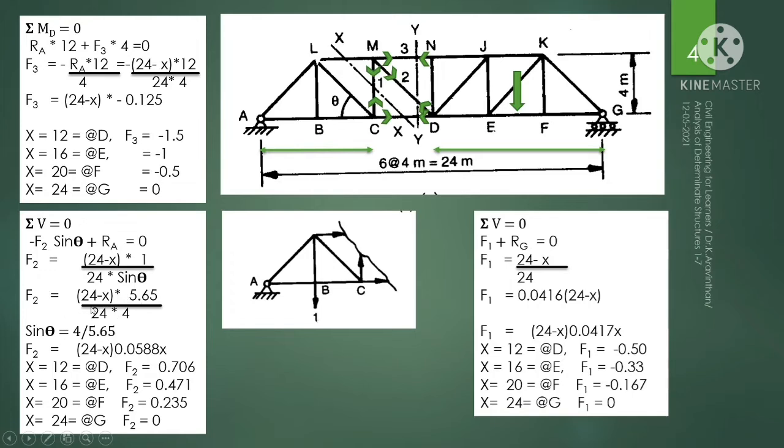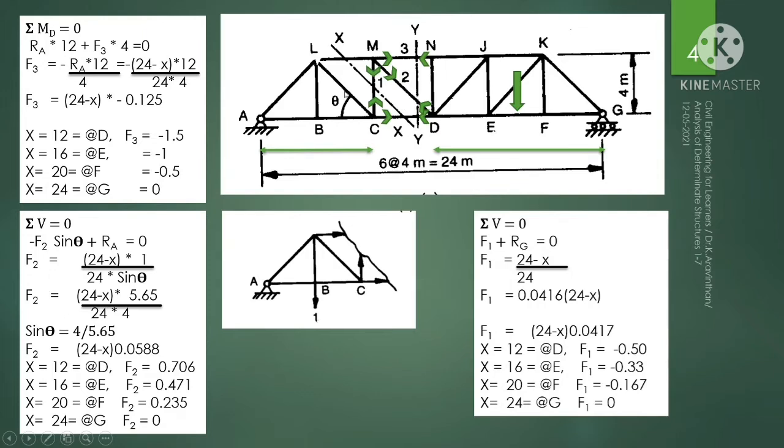It will get inverse, and you will be having this function. And let us reduce this into a further simplified form. So we will be getting 24 minus x into 0.0588. Okay. So let us substitute x equal to 12, 16 and 20 in this equation instead of x. If I substitute that, I will be getting this value here.